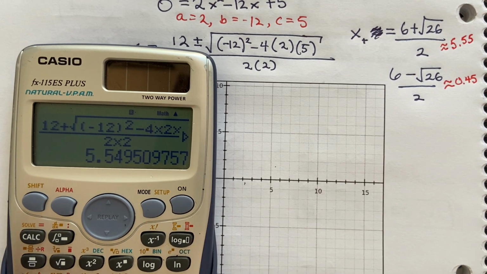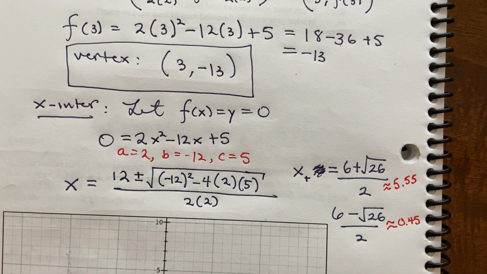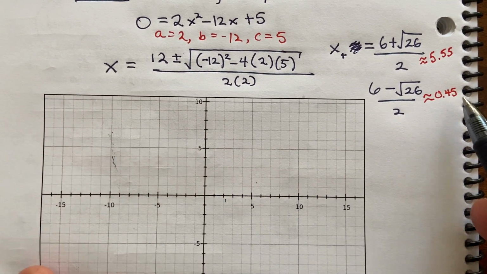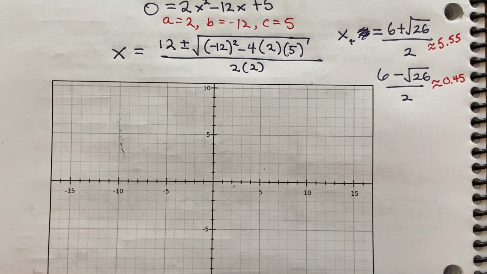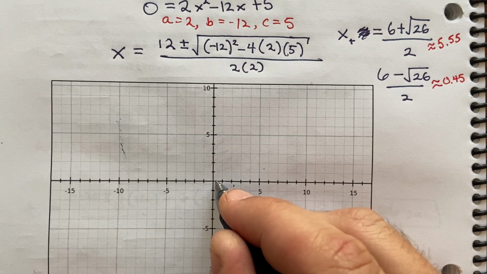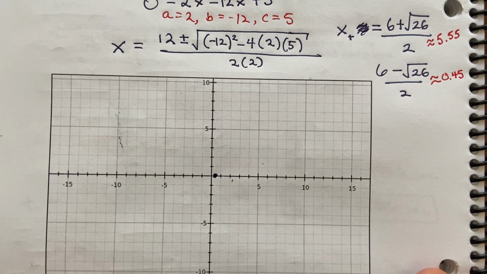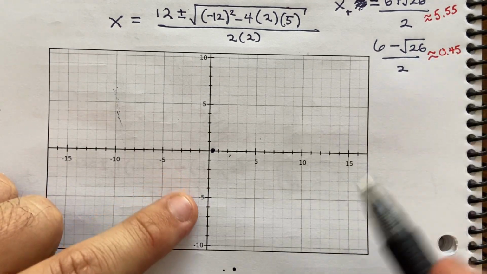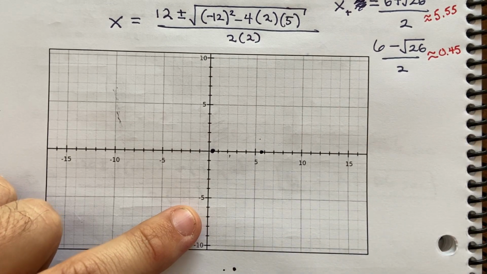All right, so I'll go ahead and plot those. Our intercepts live on this axis here. And I'm just going to use these numbers in red to approximate them. So 0.45, right about here, a little bit less than half of 1. 5.55, right about here, a little bit more than 5.5.